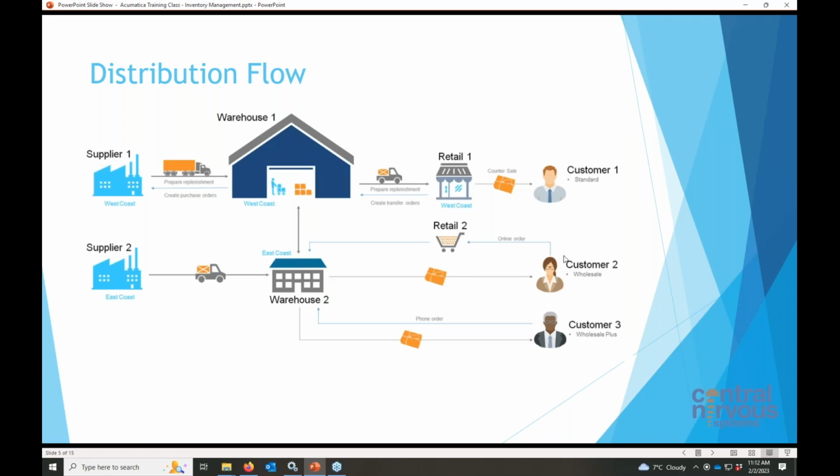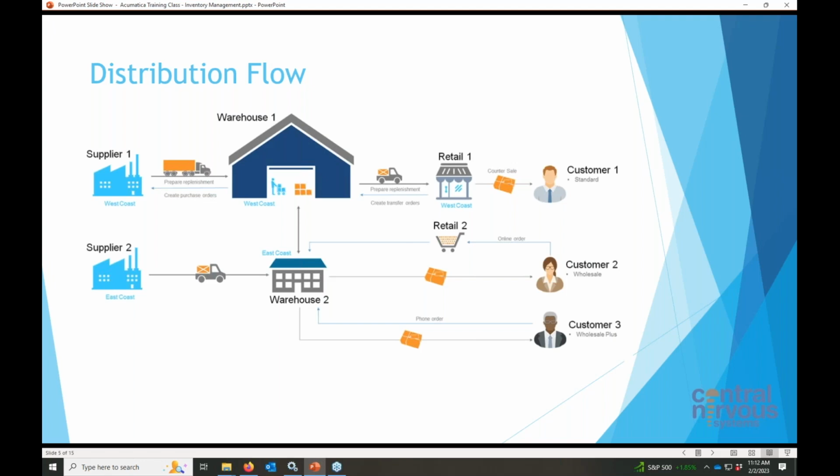So this example here with customer two, this might be a standing order or a monthly subscription that we just ship every month to. Customer three may have placed a direct order for a larger sale. And then this customer one is a standard customer that likely walks into the store and grabs some product off of the shelf.